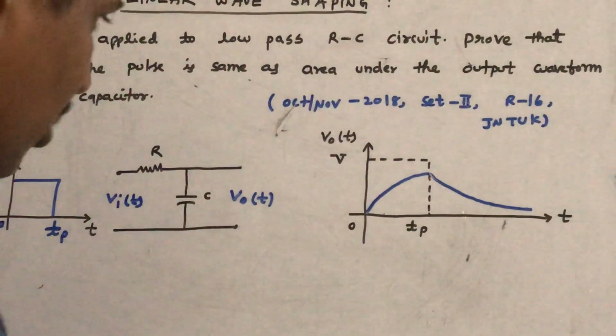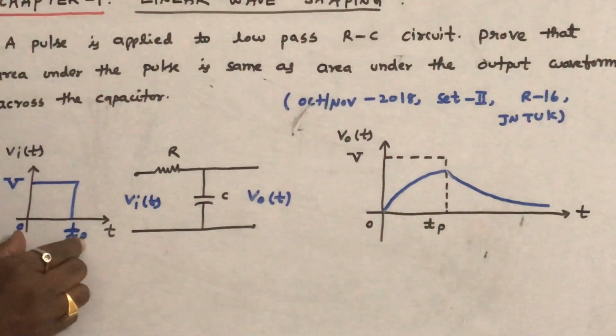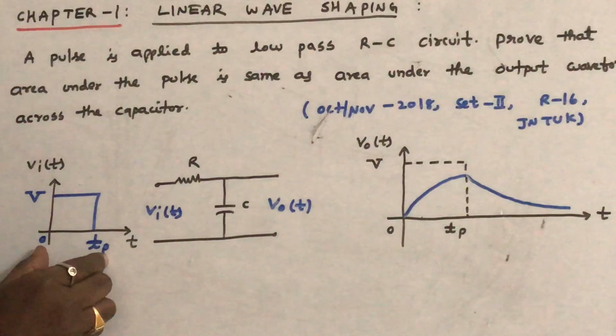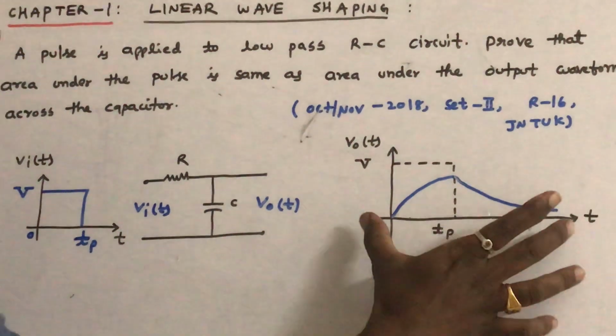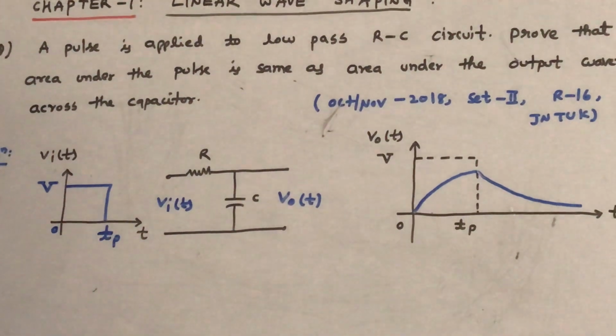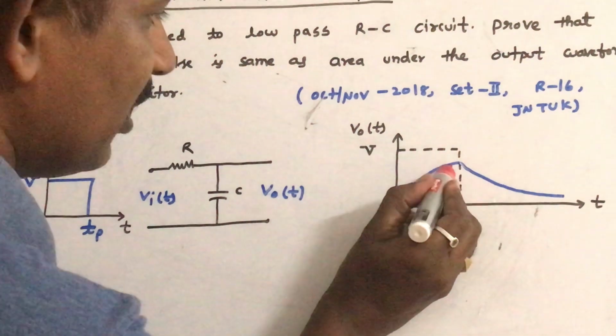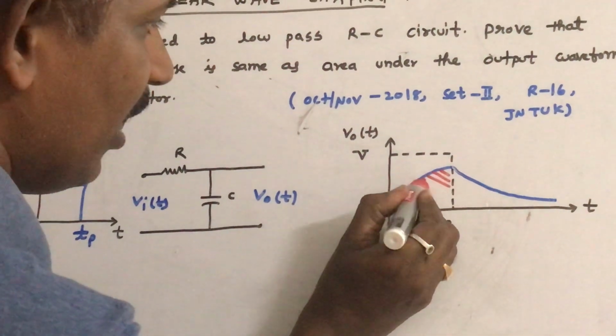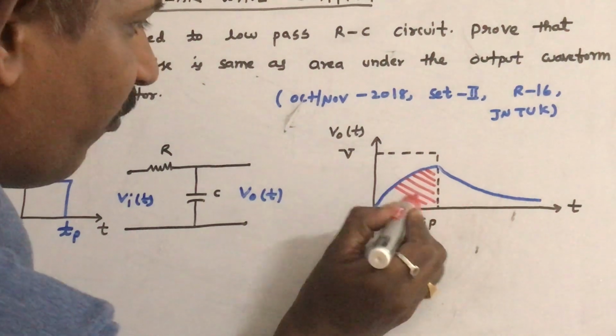What is asked to prove is that the area under this input pulse is the same as the area under the output waveform. So that is what is asked to calculate. Now we will divide this: up to this point the nature of the graph is different.